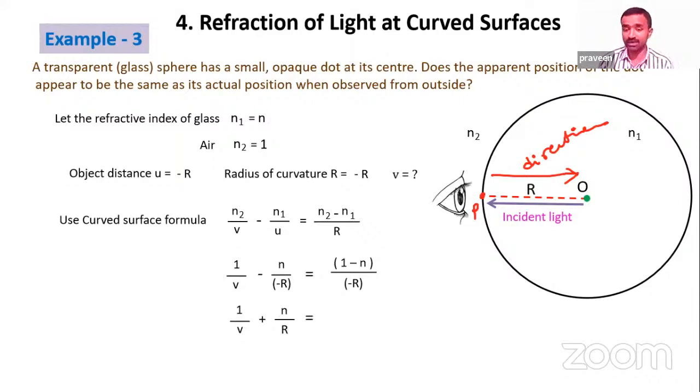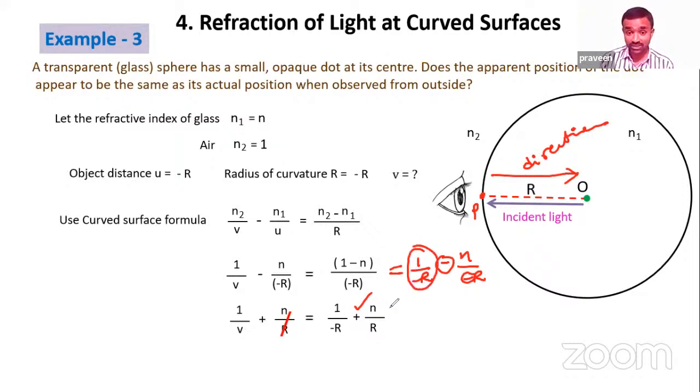Here the denominator has a minus, so let us expand it separately. Expanding means you write 1 by minus r minus n by minus r. Here minus into minus will be written as plus. This minus r is taken as is.